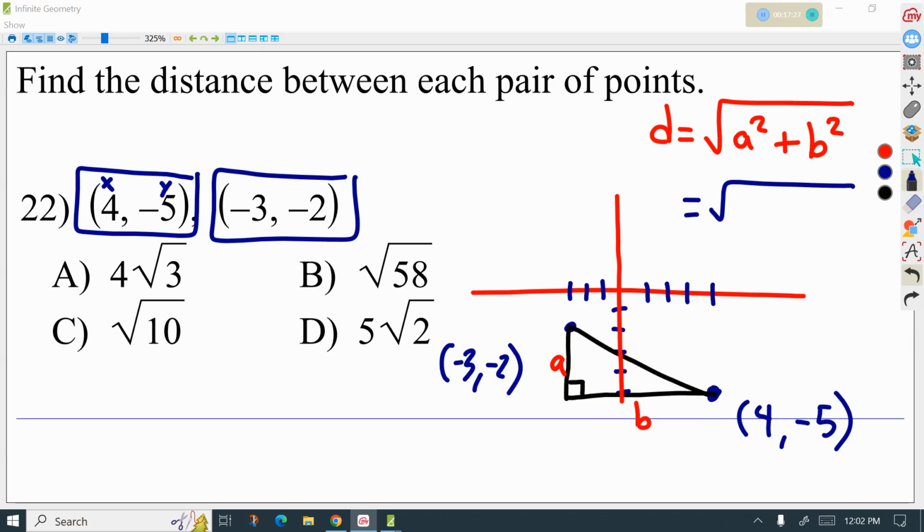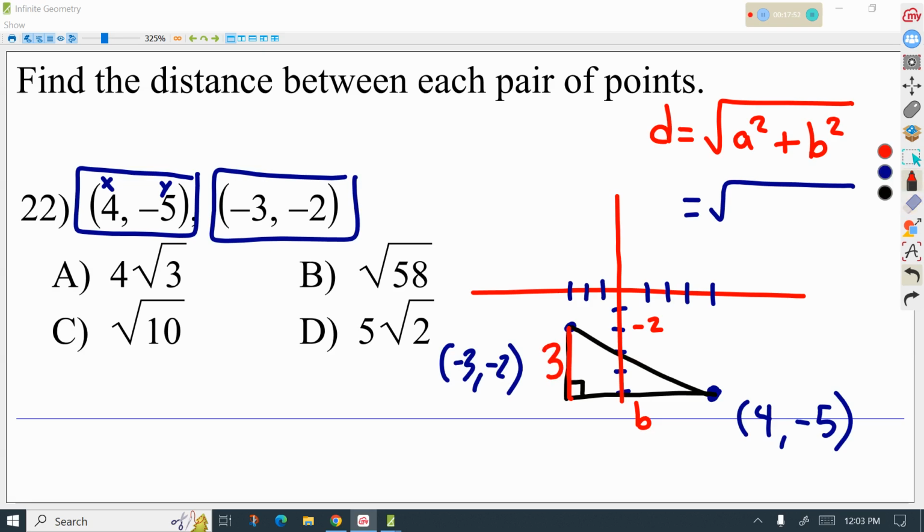So let's slow this down a little bit and figure out how long this side of the triangle has to be. Well, let's say I had to go down from -2 all the way to -5. How many steps is that? I'm going to take 1, 2, 3. So that tells me that A is really equal to 3. I'm going to change that into 3.